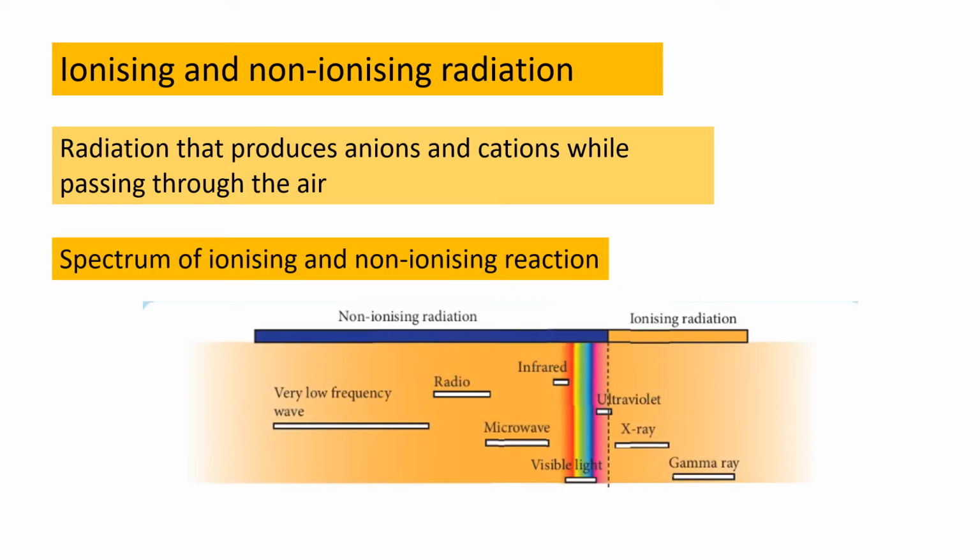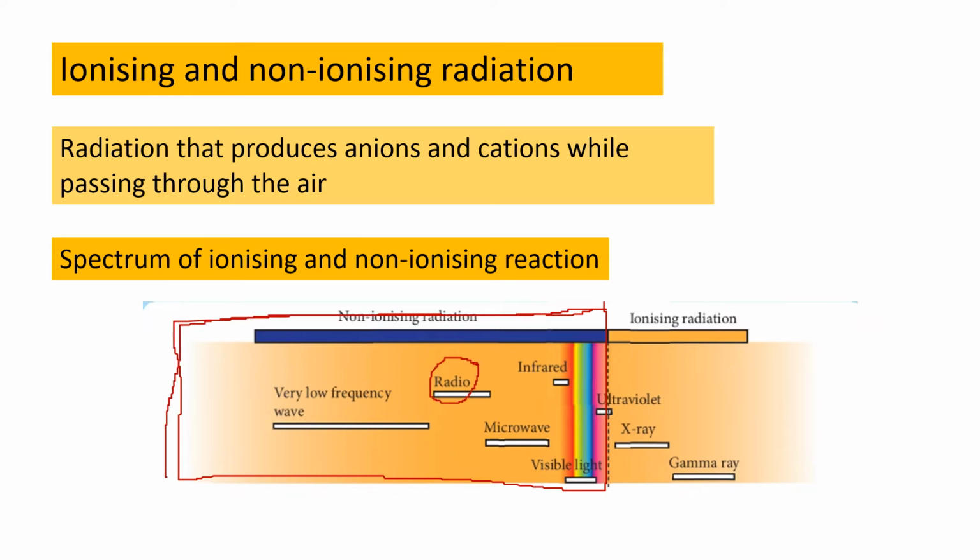So the spectrum of ionizing and non-ionizing radiation is as follows. As you can see, anything before light, although they are a type of radiation, say your radio wave, your microwave, your infrared rays. Infrared rays, if you don't know, is the stuff that helps you see heat.